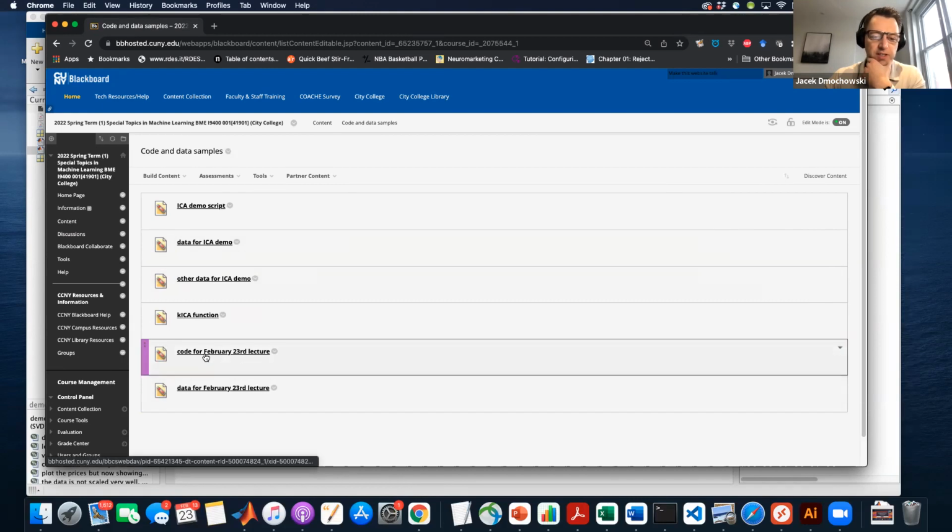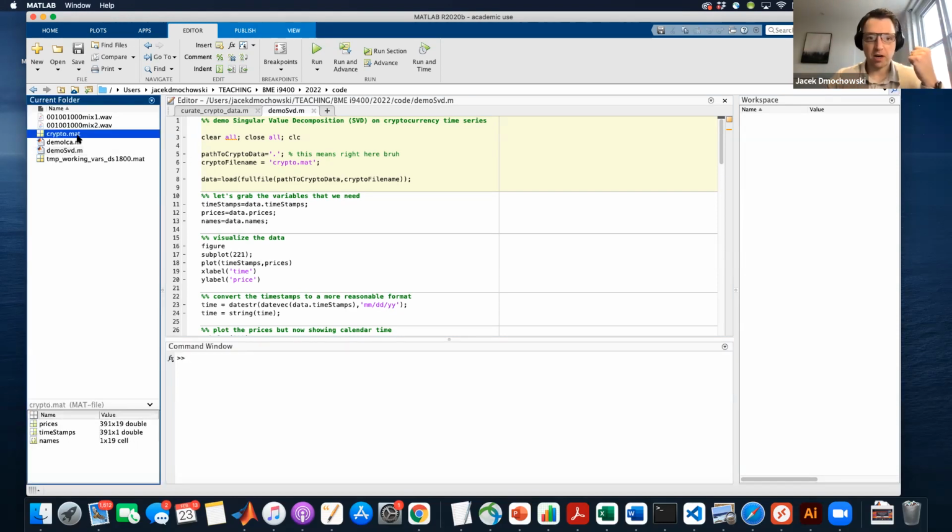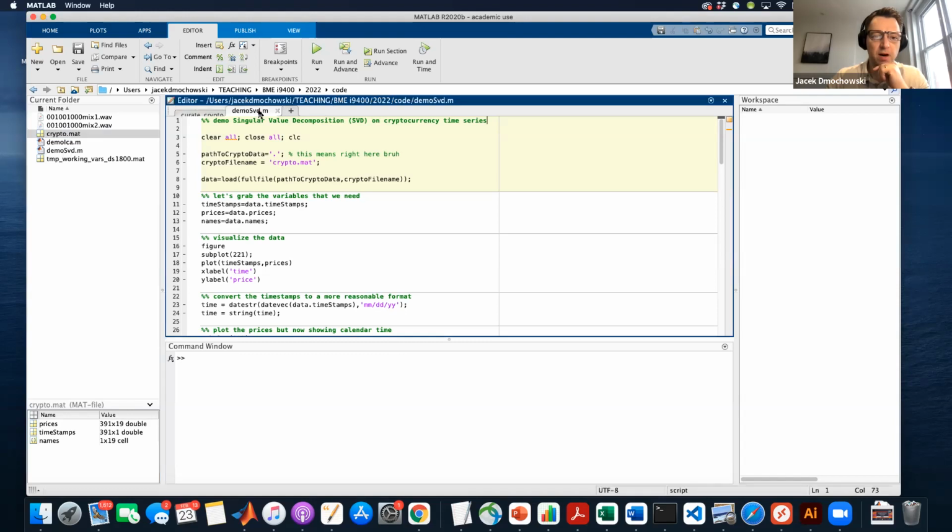So the code for today is here and the data is here. And it's important that where you download the code and where you download the data file, the mat file, which is called crypto.mat, and the script, which is called demo svd.m, are both in the same folder. I'll explain why in a second.